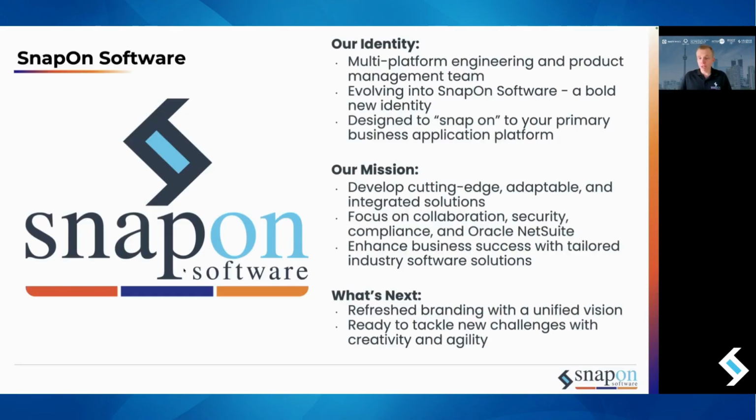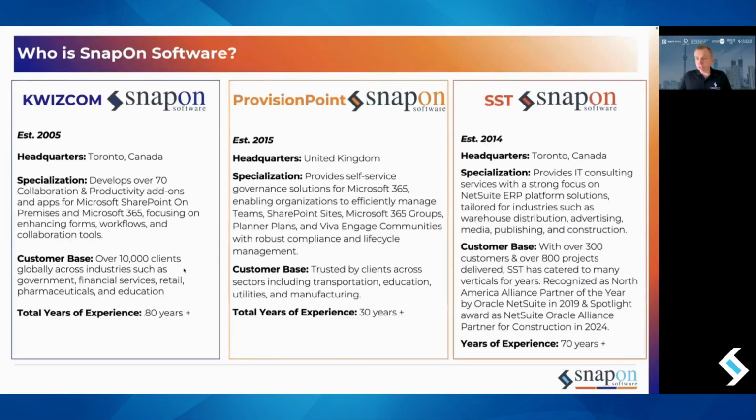We build solutions for collaboration, security and compliance on the Microsoft platforms, but also build some solutions for Oracle NetSuite as well. There are three key product portfolios which make up our brand. The collaboration products, formerly Quizcom. This is where we're going to focus our time today. We deliver collaboration solutions here for both SharePoint on-premises and Microsoft 365 to help empower better productivity and collaborative working on those platforms.